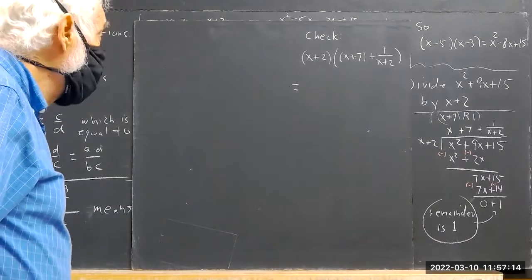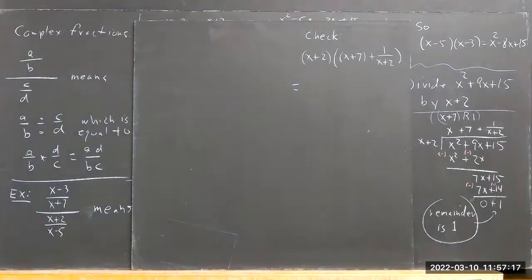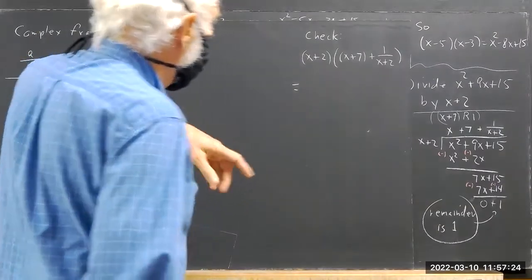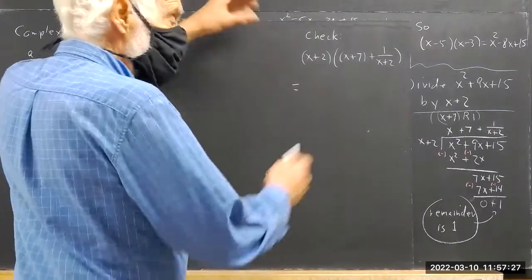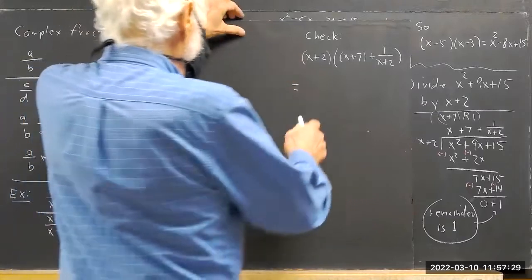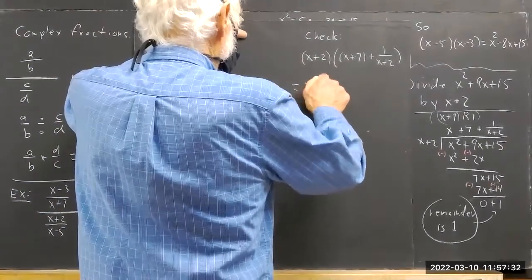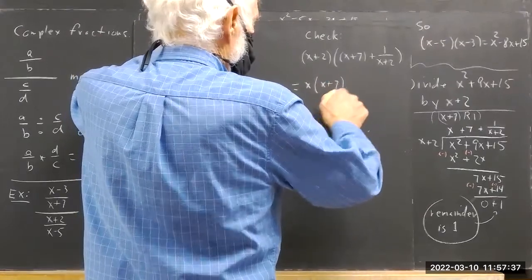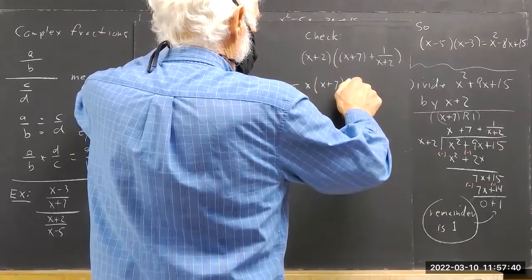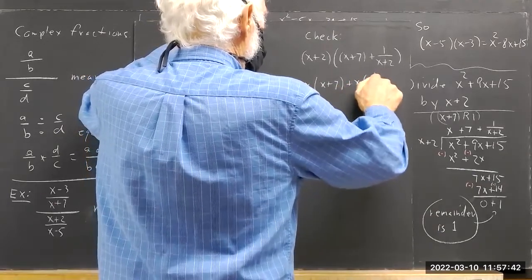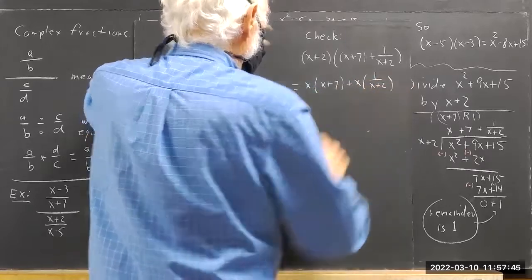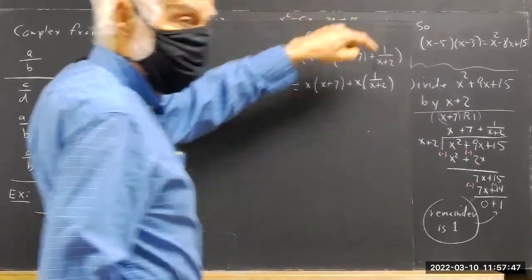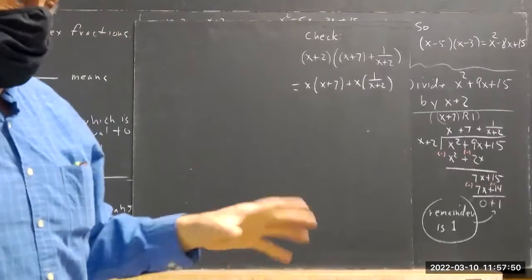If we multiply this, there are 2 ways to write the first step of the distributive law here. And different people are writing it in different ways, and both ways can work. So the more common way I've seen, because this is the way I've written most things, is you can write this as x times x plus 7 plus x times 1 over x plus 2. So multiply x by this, multiply x by this. That's your distributive law.